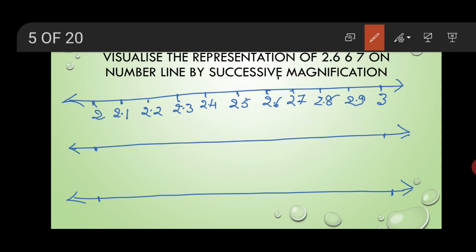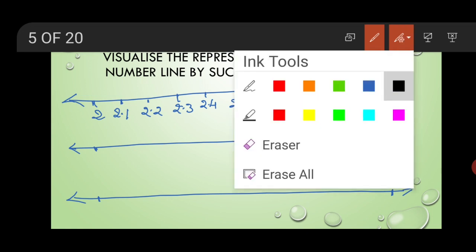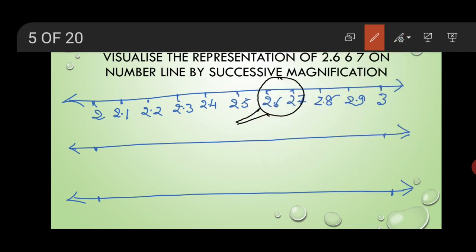So, I will keep a magnifying lens here. I can guess the number lies between 2.6 and 2.7. So, using the magnifying lens, zoom in on the numbers 2.6 and 2.7, and do the same procedure as before.